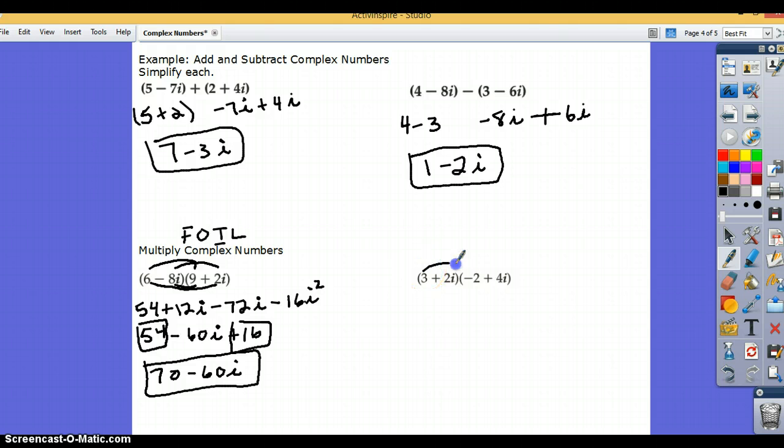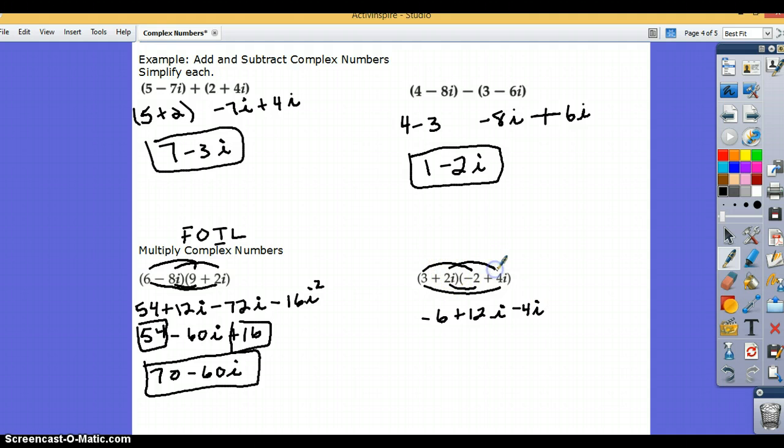All right, so same thing. So we multiply here, so that's negative 6. Multiply the outer, 3 times 4i is 12i. Inner, 2 times negative 2 is negative 4i.